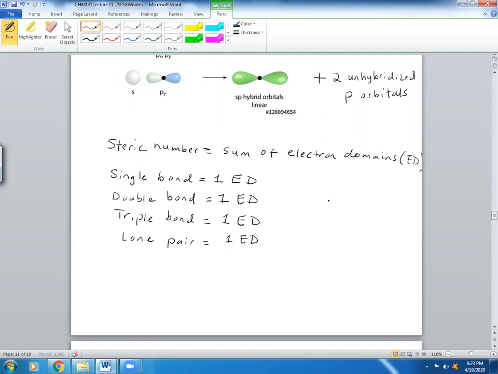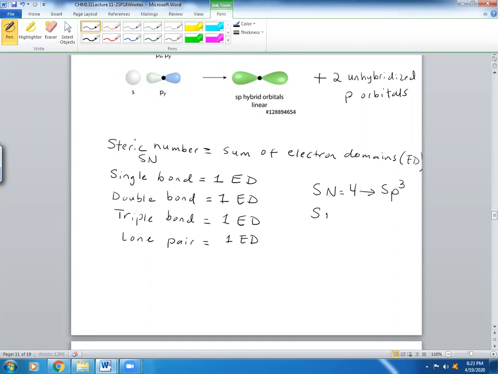So how do I use all of this? Well, if you have a steric number, Sn, by the way, is a steric number, of 4, that would be sp3. s and 3 p's.